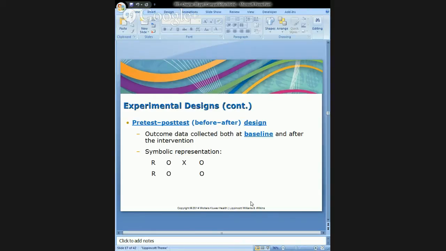Pre-test, post-test. This one is probably considered a little tighter type of research design because in addition to measuring the outcomes after the patient or the group receives the intervention, you get baseline data. So say we're looking at, let's do our caffeine example again. We have two groups, one control group and one intervention group.